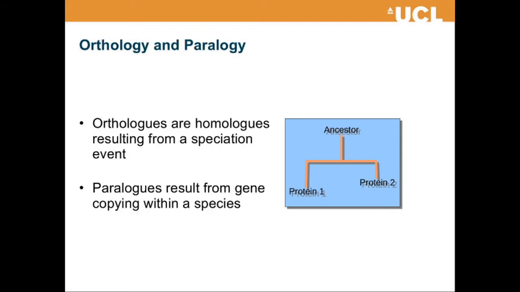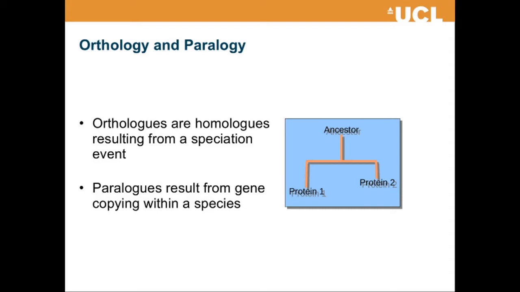Now, within the concept of homologues, there are two main types. The first is orthologues, or orthology means that we are talking about homologues resulting from a speciation event. So that could be my hemoglobin compared with mouse hemoglobin or rat hemoglobin.